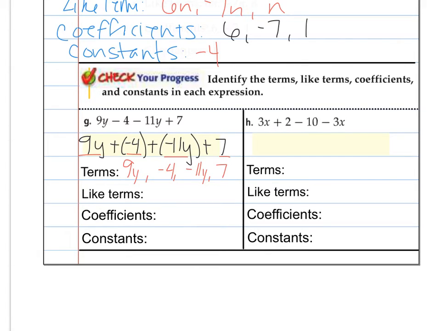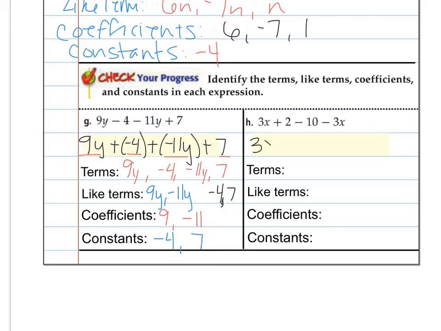The like terms, 9y and -11y are alike. -4 and 7 are alike because they don't share a variable. Coefficients, the numbers in front of the variables, are 9 and -11, and the constants are -4 and 7.